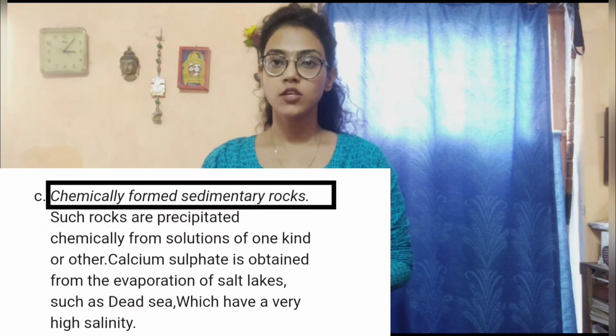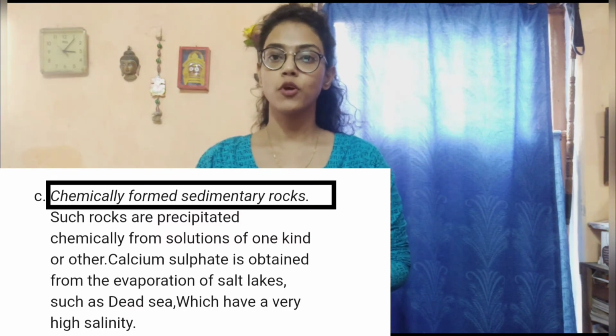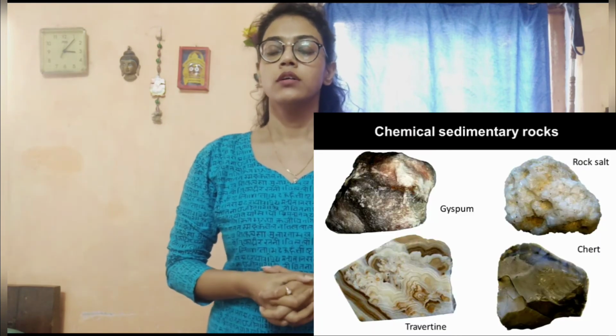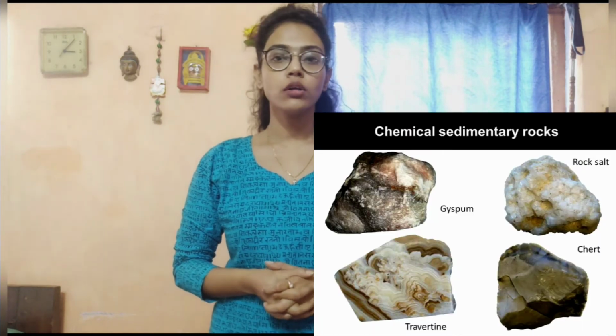Next one is the chemically formed sedimentary rocks. These rocks are formed by two processes, evaporation and precipitation. Basically, these rocks are formed directly by inorganic chemical compounds which are precipitated from the saltwater solution or the hard parts of the organisms.